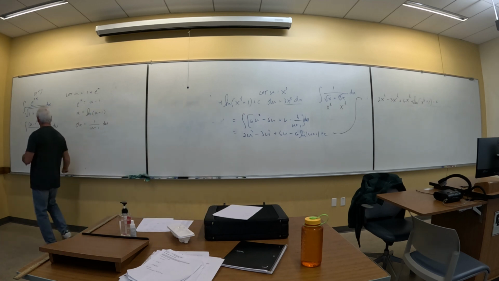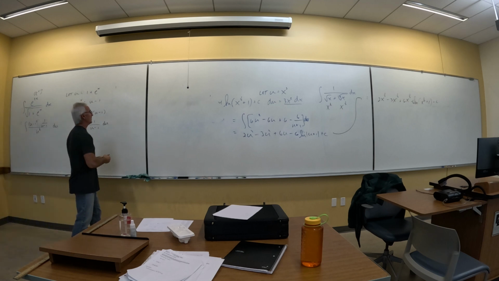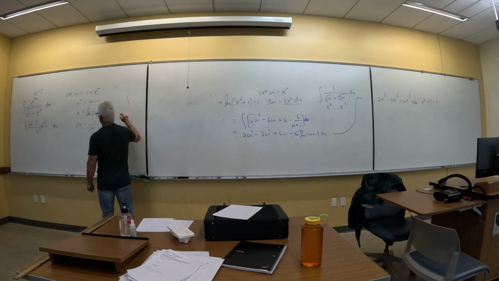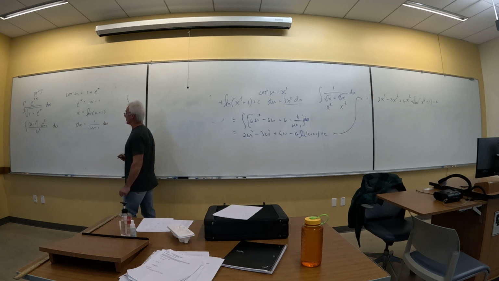Well, I think the first thing we're going to do is that. I have u minus 1 over u to the 1/2. What is that equal to? I don't want a quotient. So u over u to the 1/2, break it up.